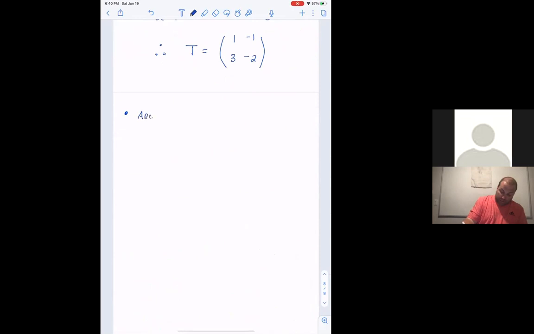Area of image is equal to area of original, or what the book calls the pre-image, times the absolute value of the determinant of the transformation.